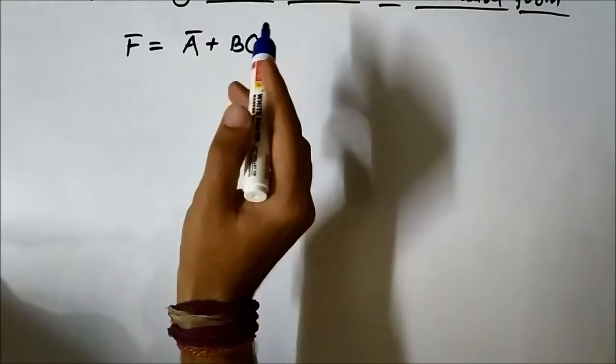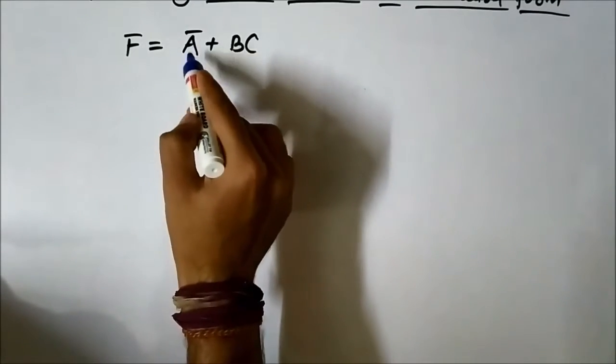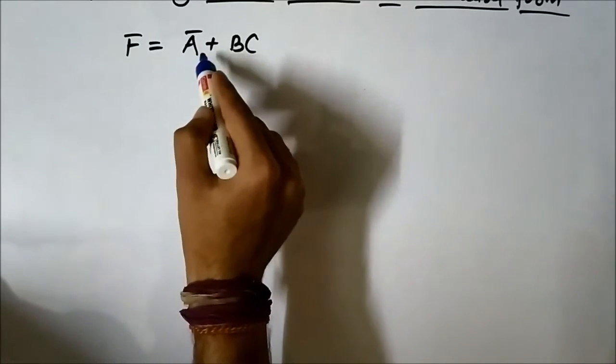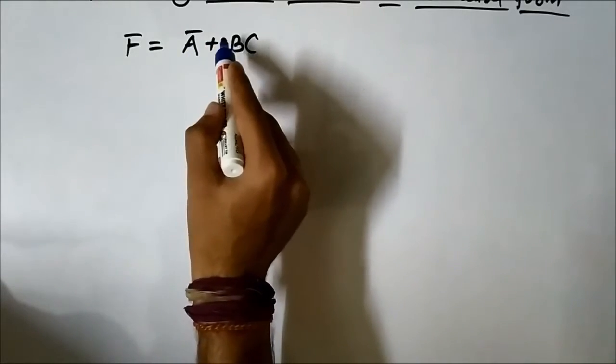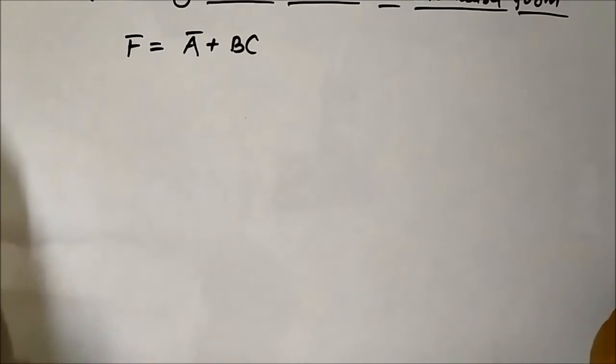We know why it is not in standard form, because in each of the terms the variables are missing. In this term B and C variables are missing, and in this term A is missing. Now we have to convert it into POS form, or product of sum form, or product of max terms form. We have to take the help of Boolean identities for this.